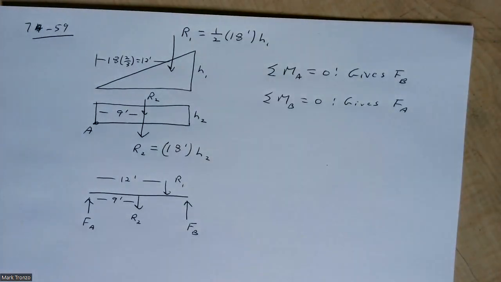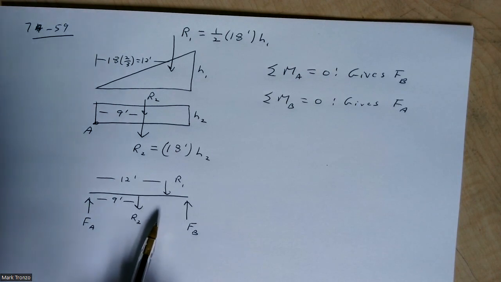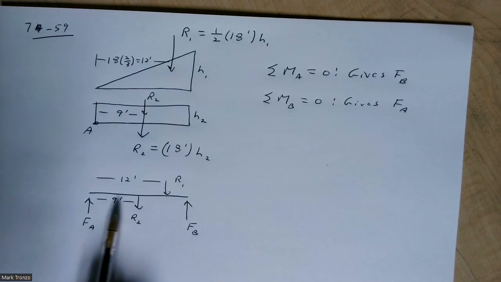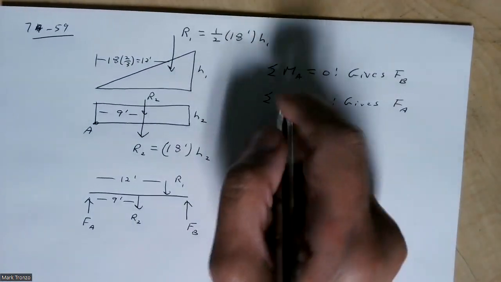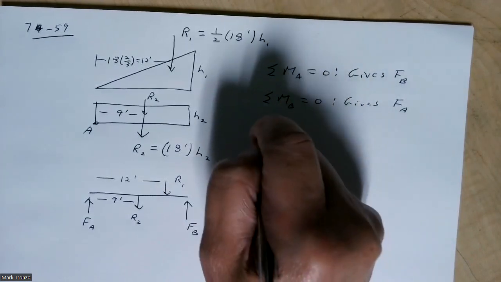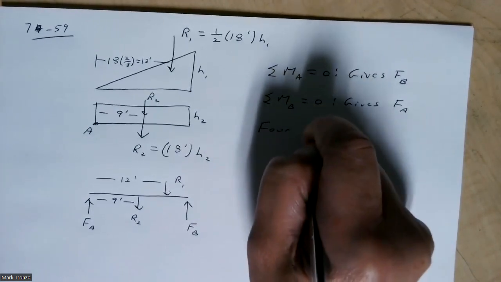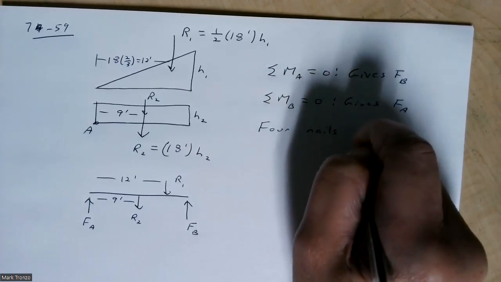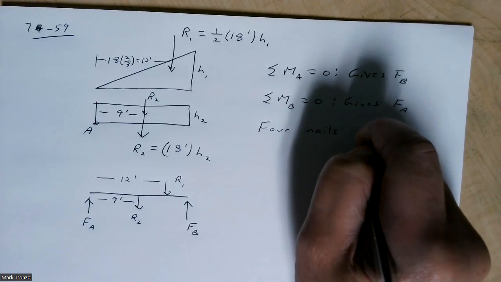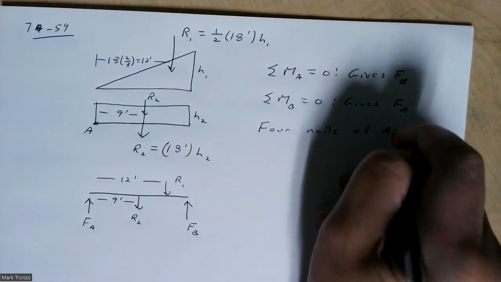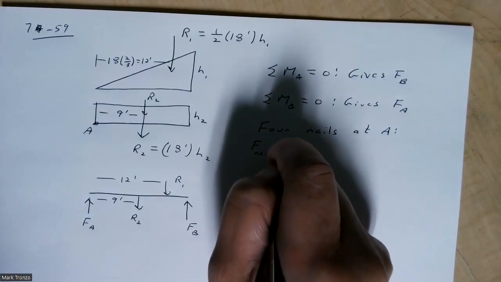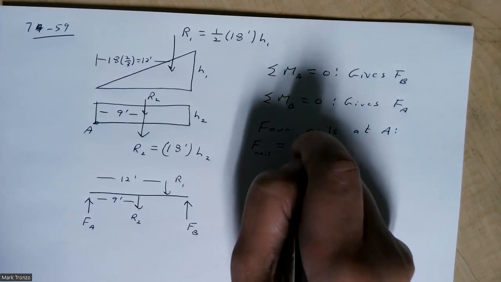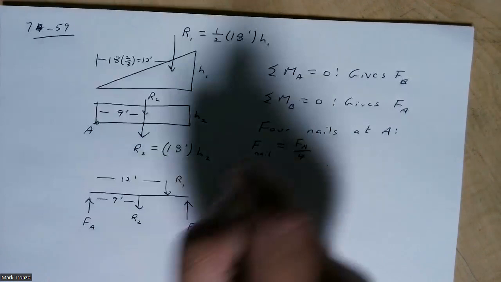And then for each side here, we know that there's going to be a certain load. Let's see, there are 4 nails. So whatever your FB is, for 4 nails per side, let's say four nails at A, that means the force per nail at A is going to be whatever FA is divided by 4.